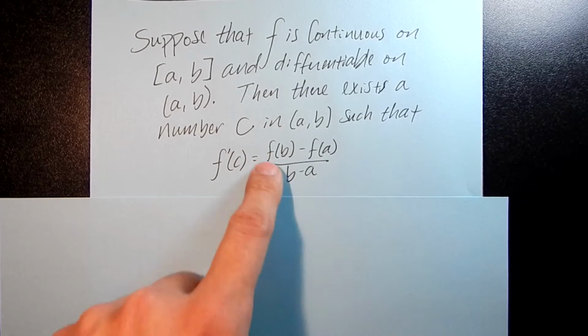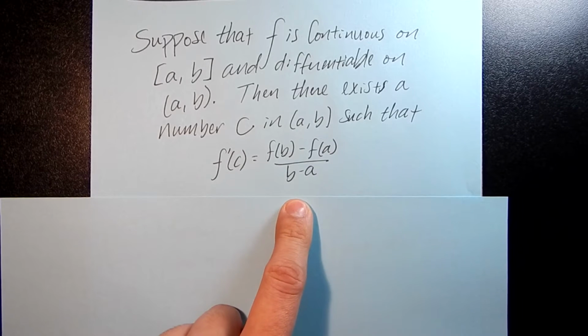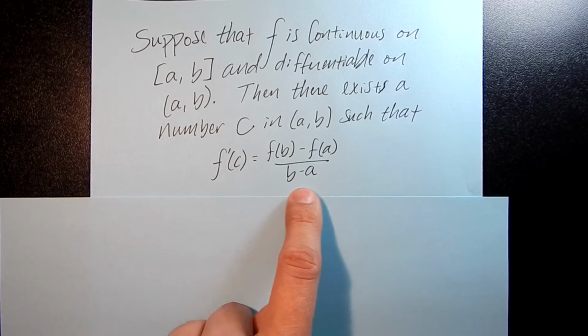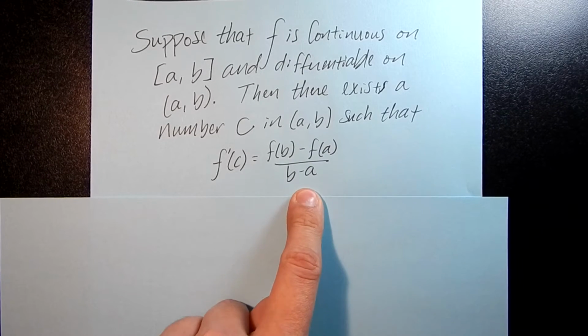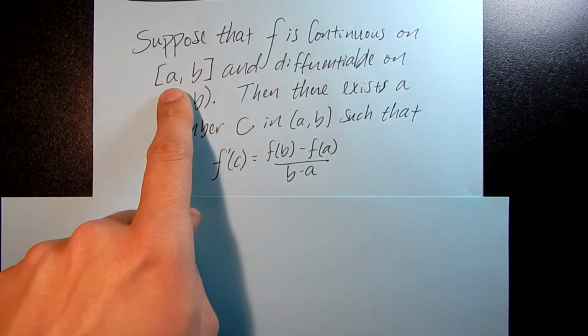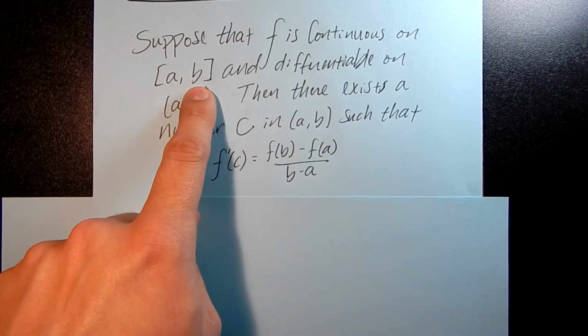This should look familiar. This is the slope formula, y2 minus y1 over x2 minus x1. So basically we're finding the slope between these two endpoints.